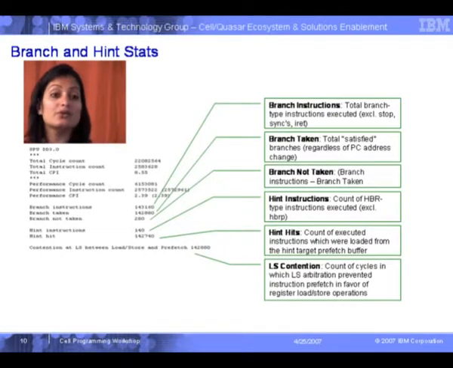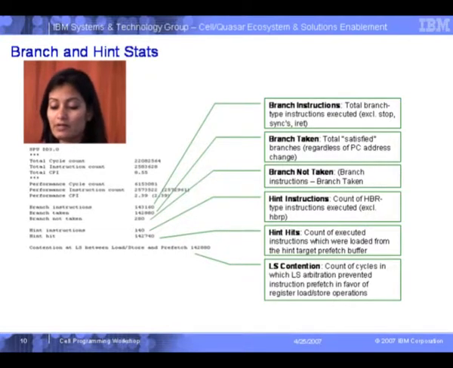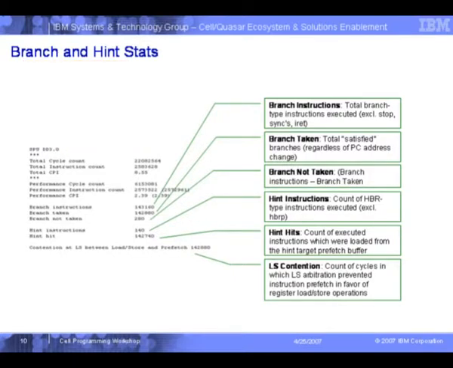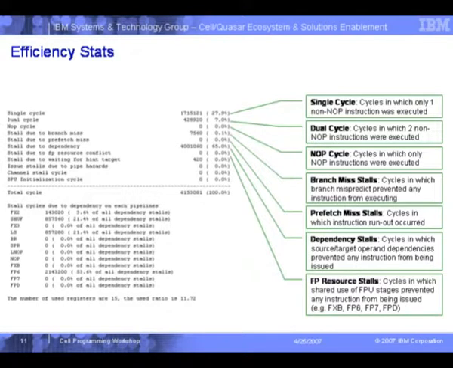And if you have used any hints in your code, it will give you a summary of how many hints actually worked. There's also this efficiency statistics: single cycle, number of dual cycles, how many instructions did use the dual issue pipelines. There's also no-op cycles. It's a really neat summary of everything that you can possibly know about your code.